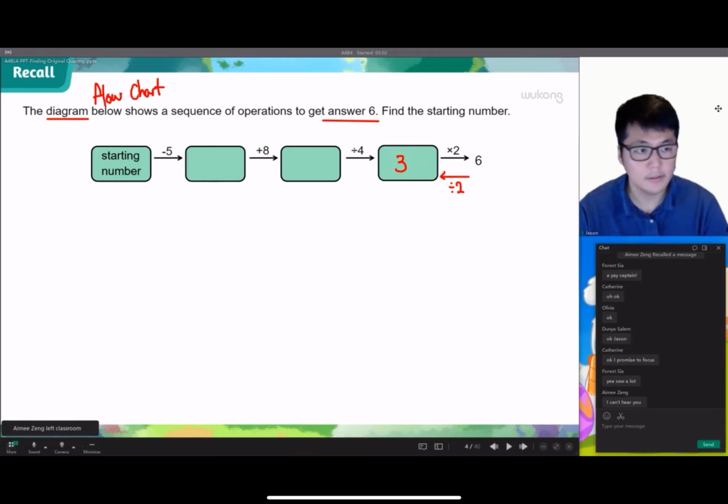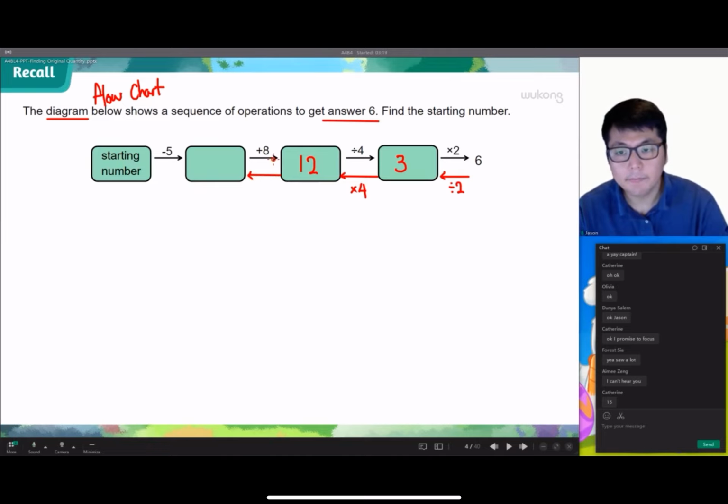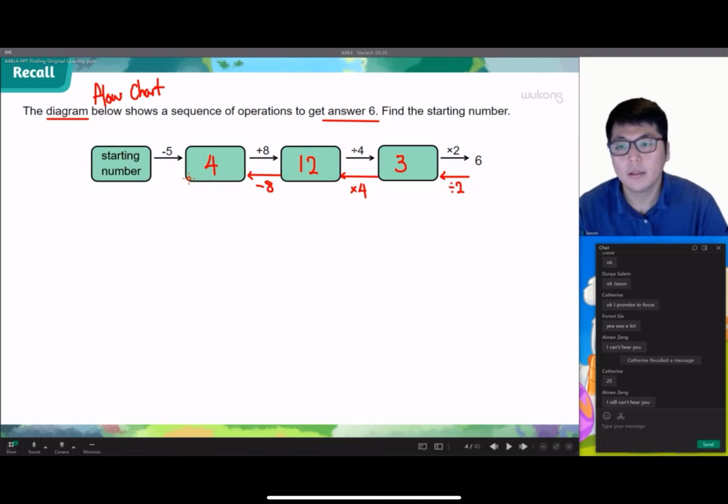If you go backwards again, the opposite of dividing by 4 is multiplying by 4, which is going to be 12. Then the opposite of plus 8 is minus 8, which gives you 4. And then the opposite of minus 5 is plus 5. So that means your starting number is going to be 9.